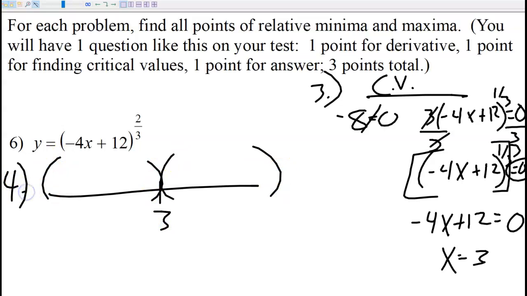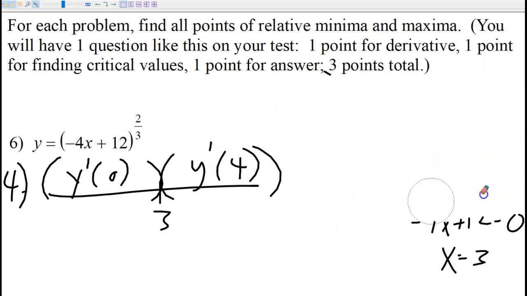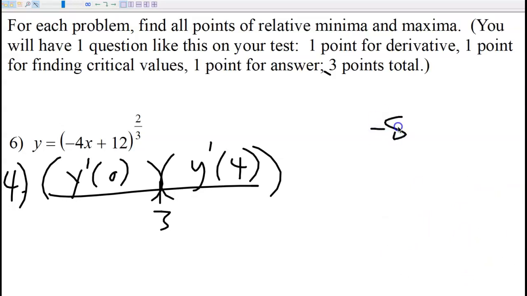For step 4, we're going to do y prime of 0. 0 is a nice number to plug in. And we're going to do y prime of, let's say, 4. All right. And to do that, we need to see our derivative again. I erased it, so let me bring it back really quick. I believe the derivative was -8 over 3, and it was -4x plus 12 to the 1/3 power.